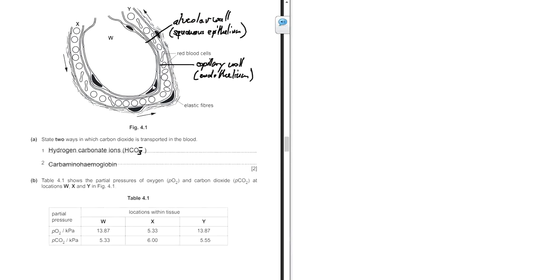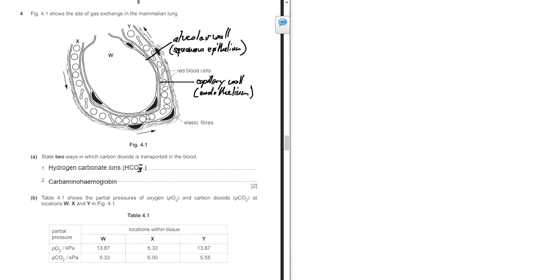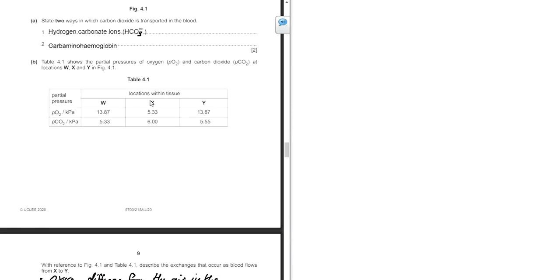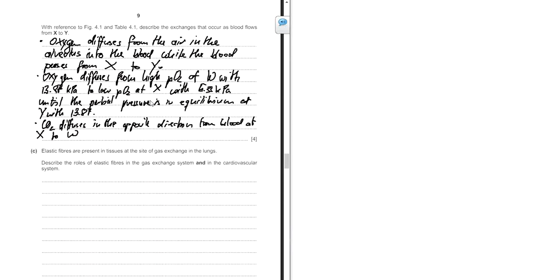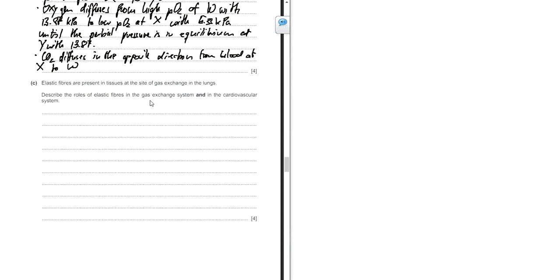A couple of elastic fibers that stretch around, embedded in the alveolar wall, and as well in the capillaries around the alveolus. So what is the function of these, and as well related to the cardiovascular system?